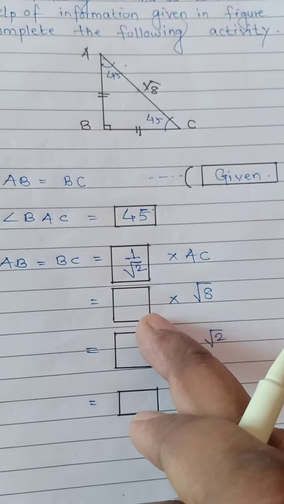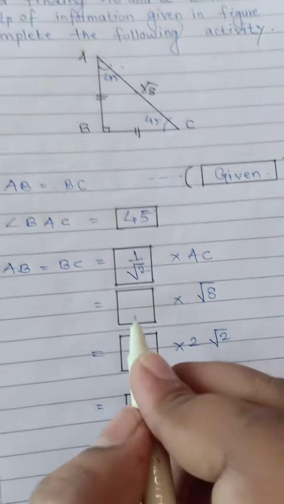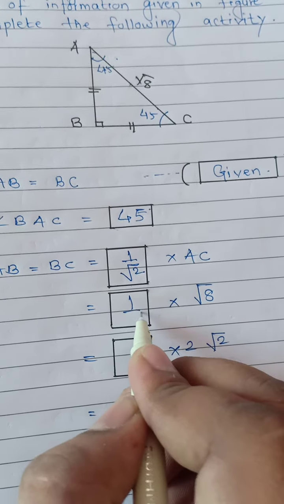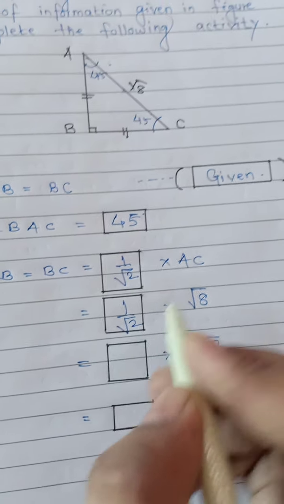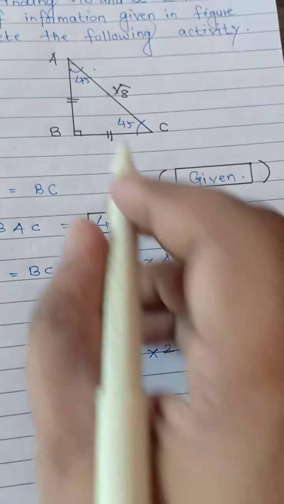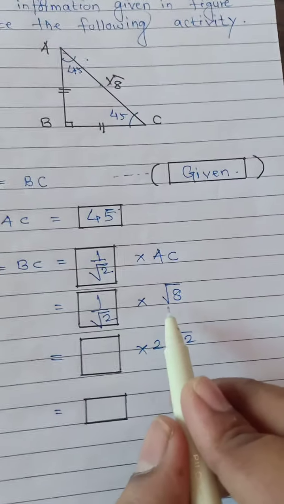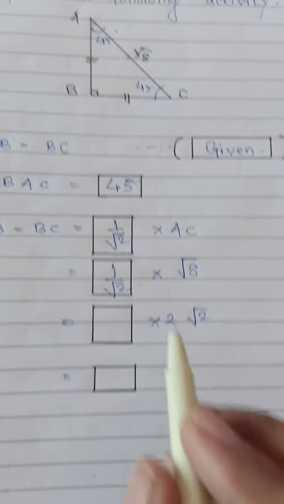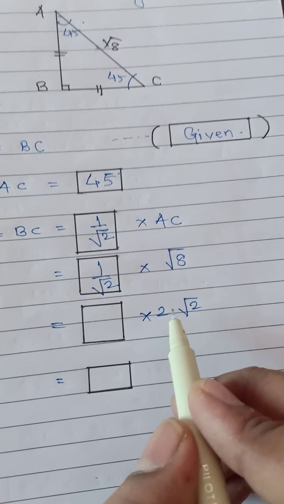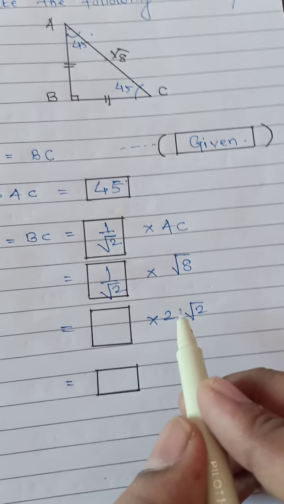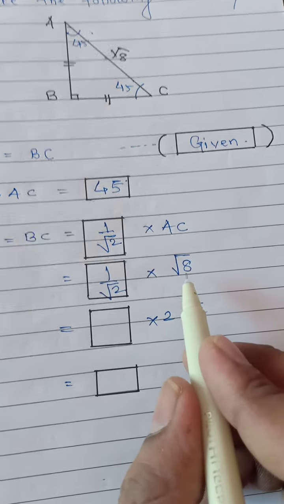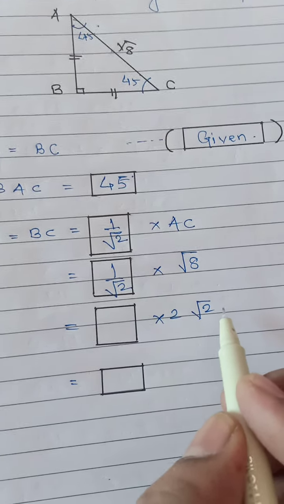Now in the next step, again copy this 1 by root 2 here. The value of AC is already given in the figure, that is root 8. Substitute root 8 here. Now root 8 can be written as 2 root 2.